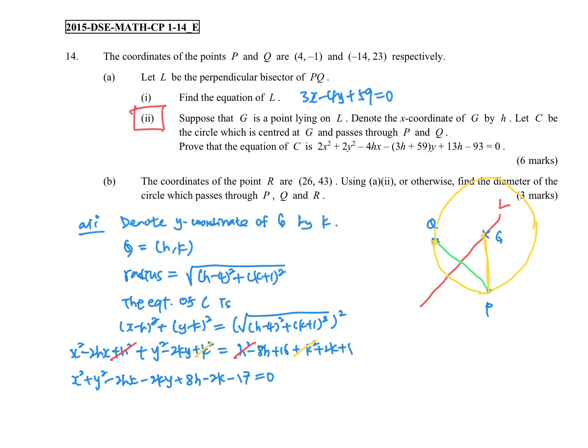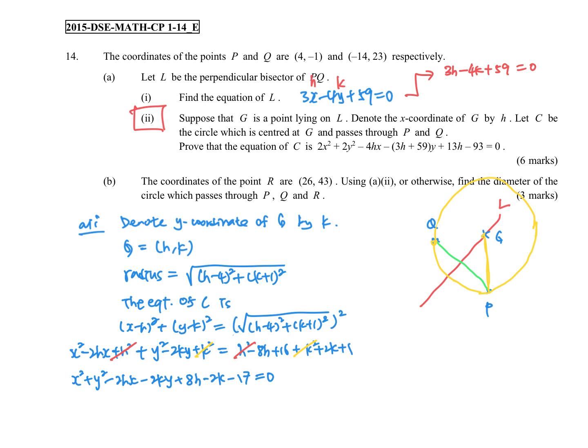And then this is the equation in terms of h and k, but of course k will be the dummy variable. So how can we get rid of the dummy variable? Here we make use of the answer in part A1. Since x equals h and y equals k, we will have 3h minus 4k plus 59 equals 0.